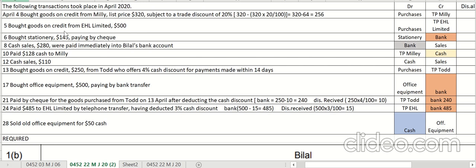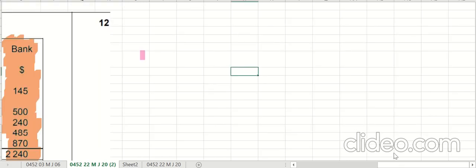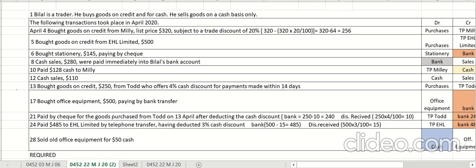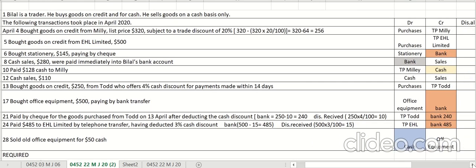Fifth, bought goods on credit from EHL Limited 500. So the transaction is similar, purchases debit, but you credit TP EHL Limited. Now, let's see, these transactions are related to some other transactions in the same question.